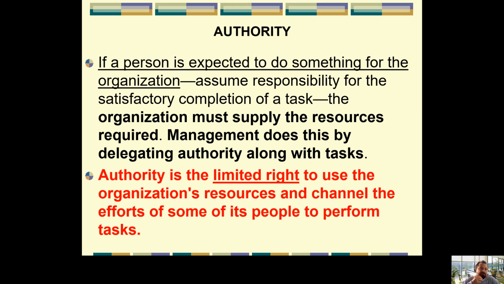But authority says only about what she can do, what she is able to do with the equipment.